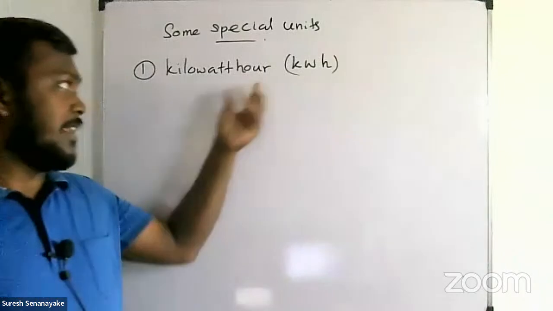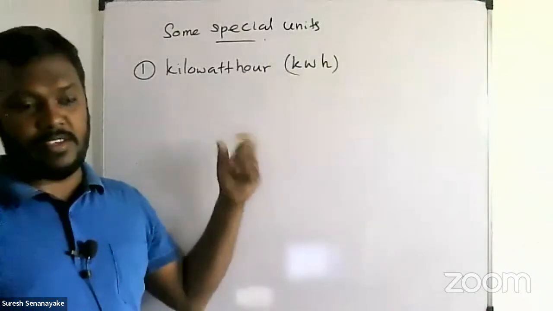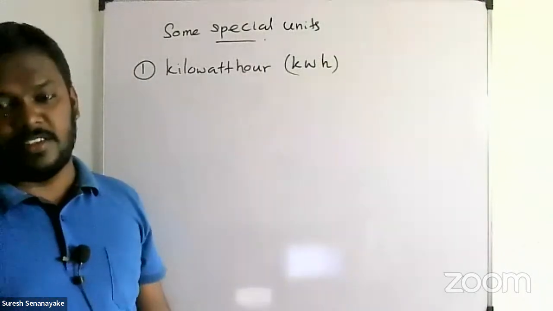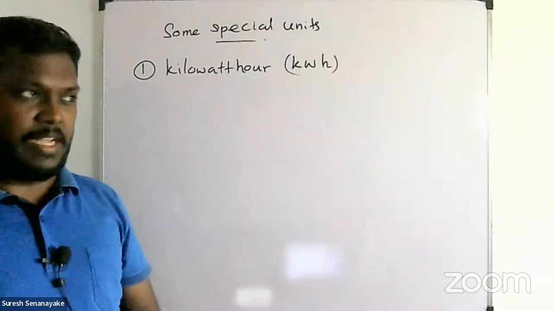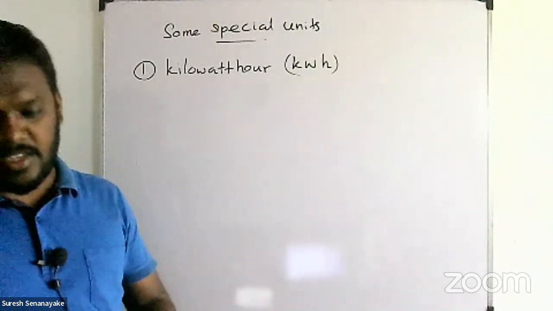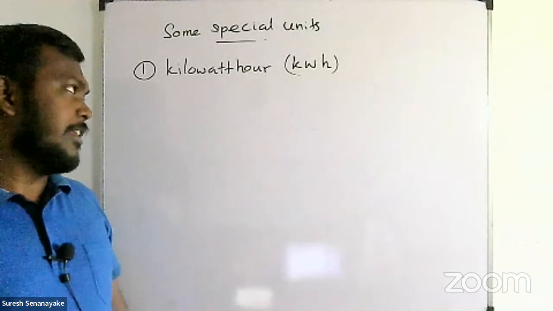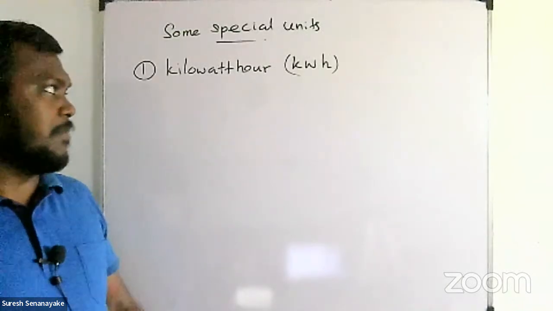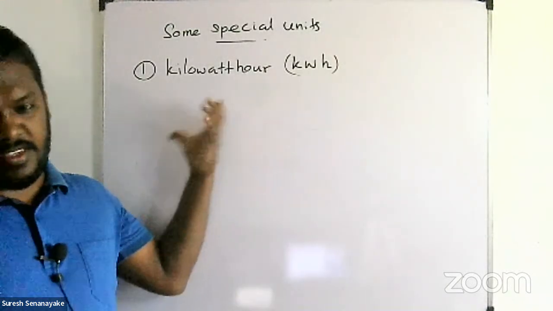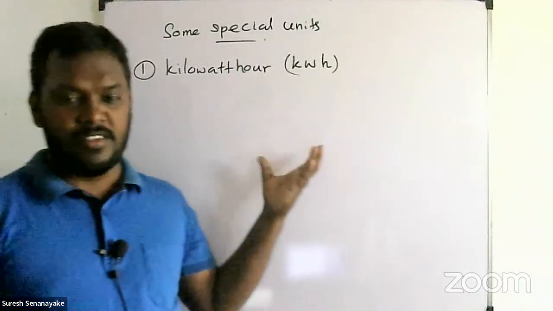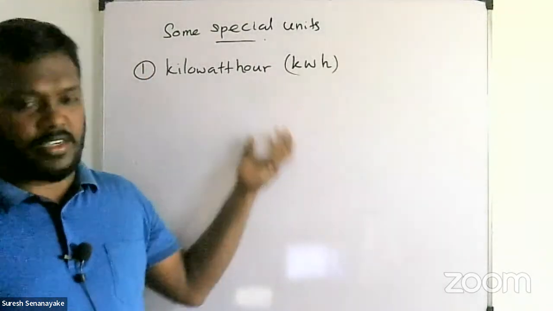One kilowatt hour is measured as 1 unit of electricity. So domestic or industrial electrical consumption can be measured using this unit. It's also a unit of energy, so we can express this in terms of joules also.